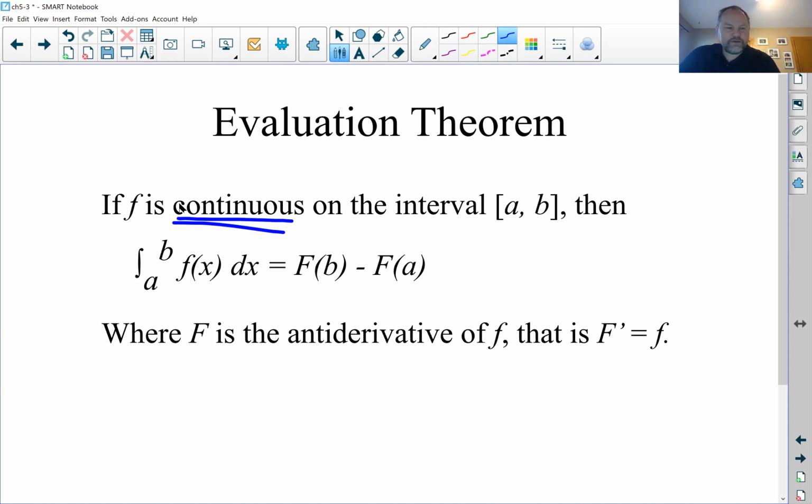Then the integral from a to b of f of x dx is capital F of b minus capital F of a, where capital F is called the antiderivative of little f, which is just a fancy way of saying that if I take capital F and take its derivative, I get little f.